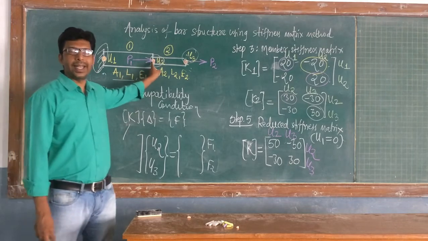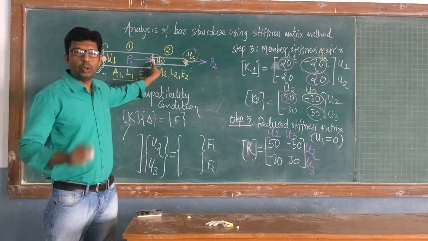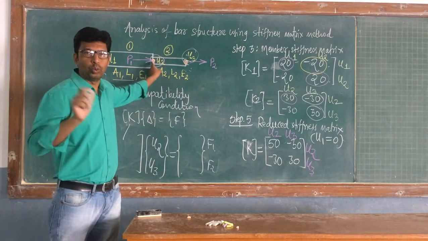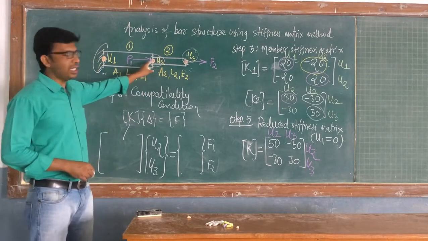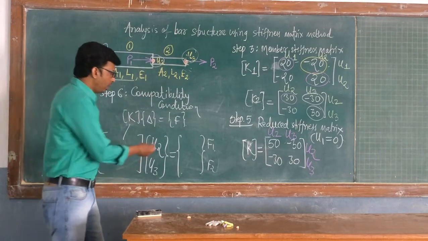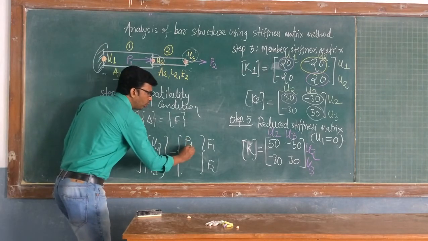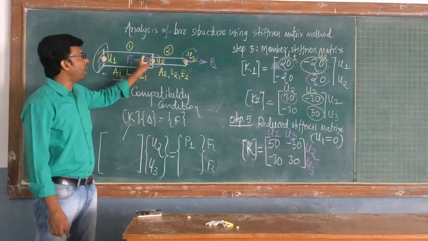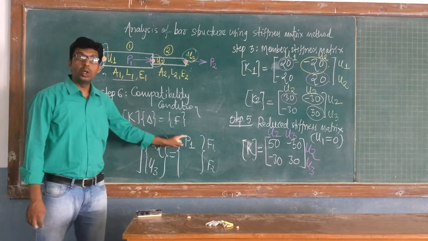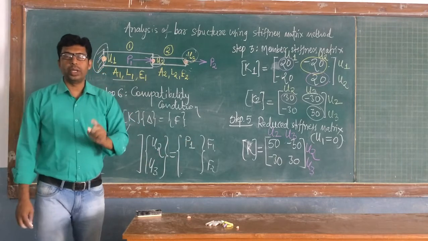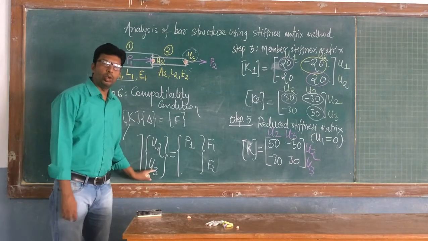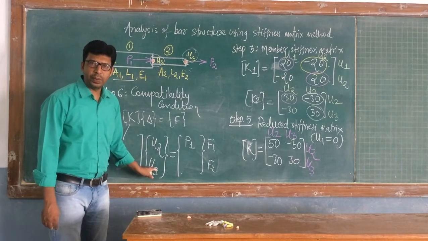Force corresponding to U2: U2 is a displacement at the second joint, so you have to see whether there is any horizontal force acting at joint 2. If you look at this figure, there is a P1 towards the right, it is plus. So the force corresponding to U2 is P1. Towards the right, positive. If it is towards the left, it is minus.